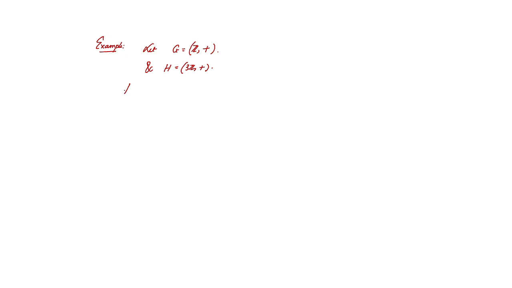Now the cosets of H: 0 plus H is 3n such that n belongs to Z. And 1 plus H, because this is a group with respect to addition, is 1 plus 3n such that n belongs to Z, and 2 plus H means 2 plus 3n, n belongs to Z.